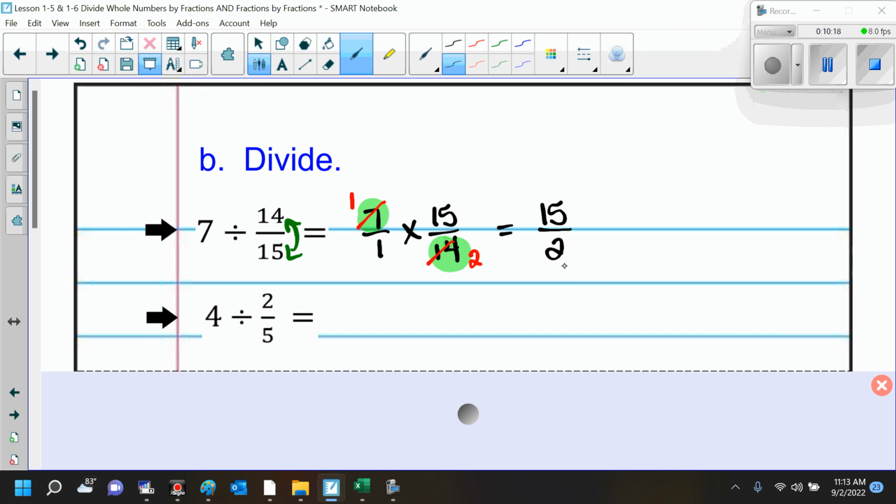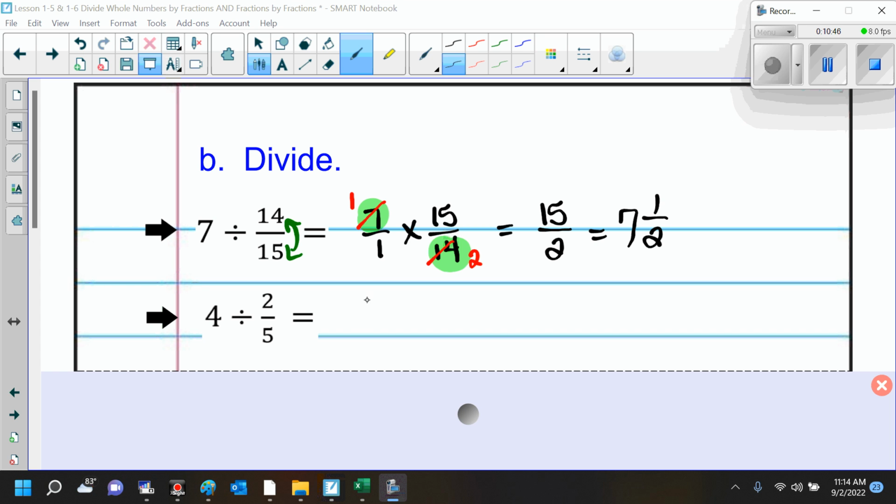And that's an improper fraction we want to change to a mixed number. So, how many times does 2 go into 15? 7 times. With how many left over? 1. So this is 7 and 1/2.